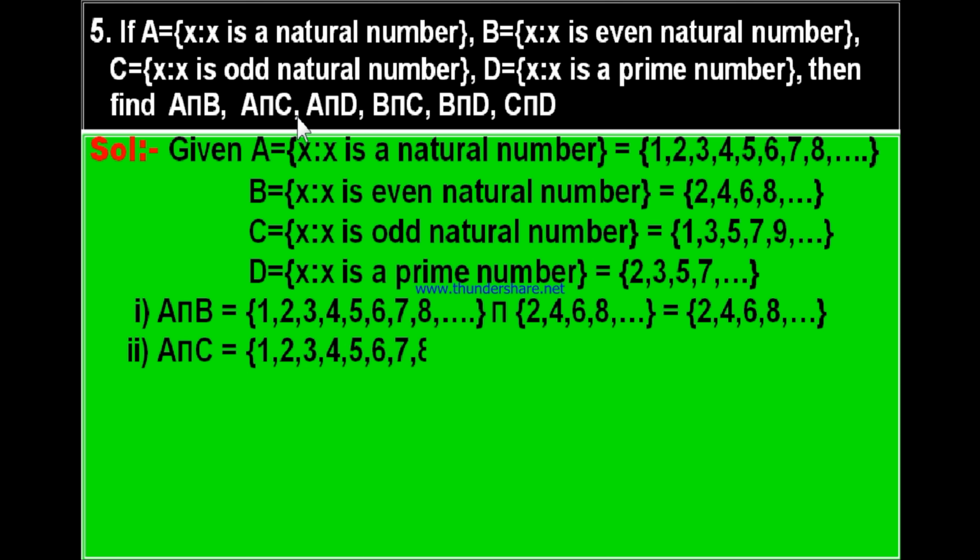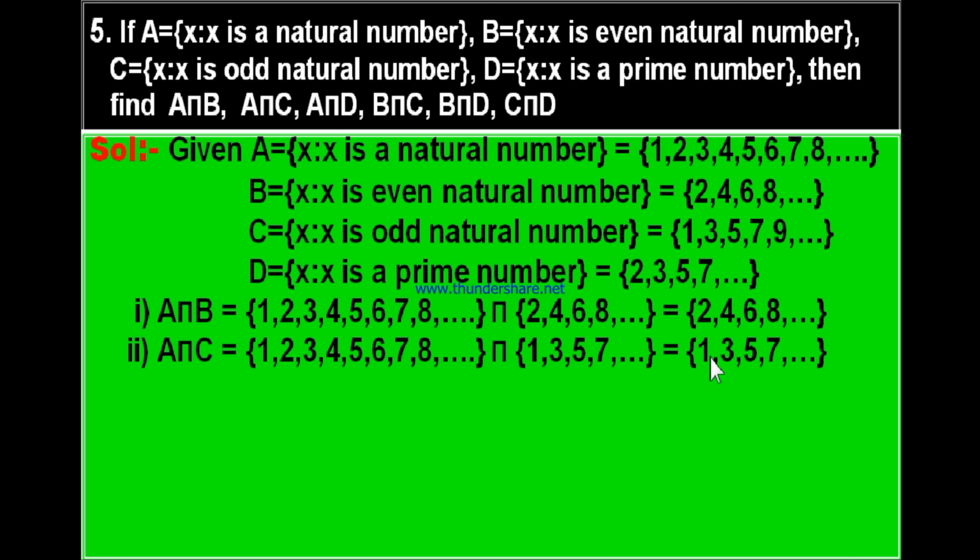And the second part is A intersection C. Again the same set A, 1, 2, 3, 4, 5, 6, 7, 8 and so on, intersection set C. What is set C? The set of 1, 3, 5, 7, 9 and so on. Intersection means again you can find 1, 3, 5, 7 in the first set.